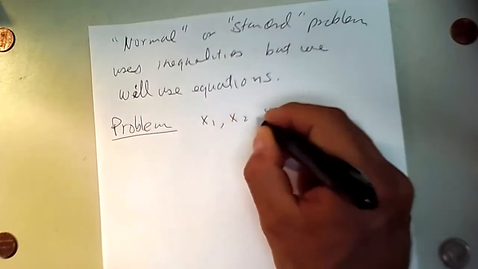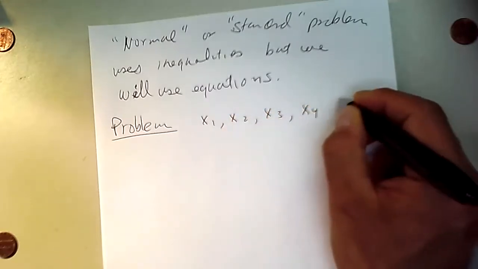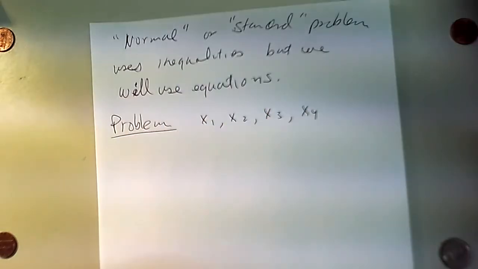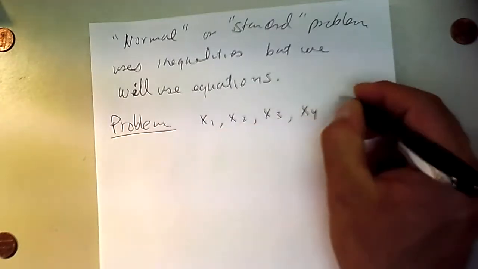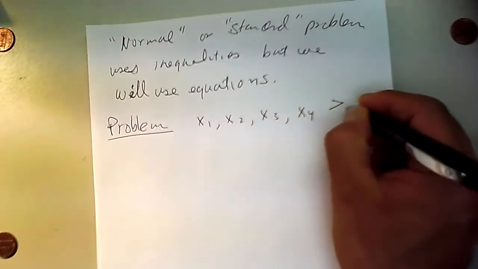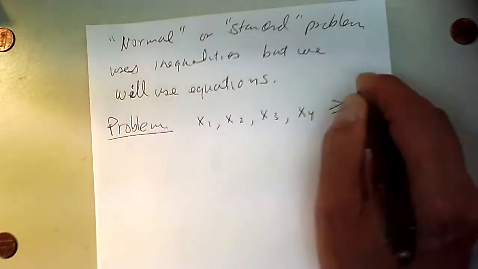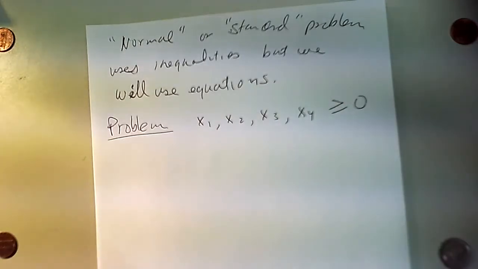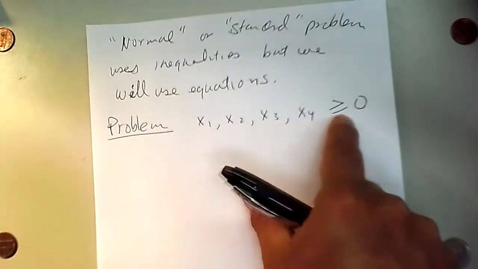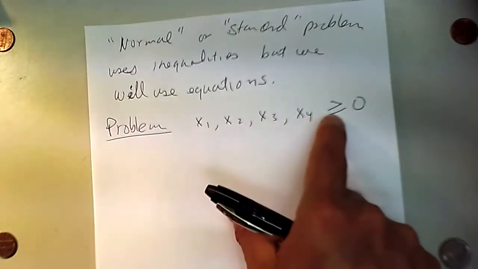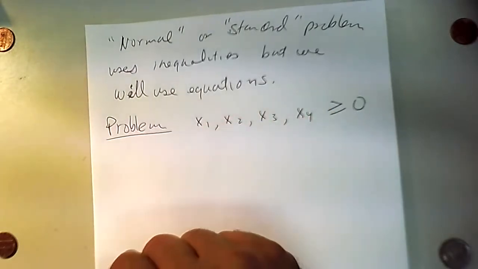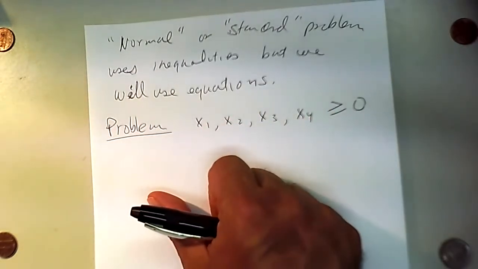So here we only have perhaps 4. I'm going to show you examples where we have only 2 variables and then 3 variables and then 4 variables in this video. So one requirement is that the x's have to be positive. They cannot be negative, or they could be 0, but not negative for sure.